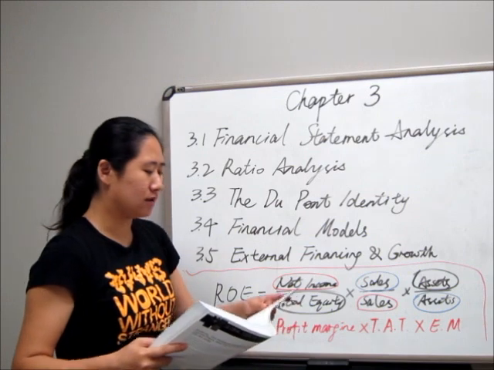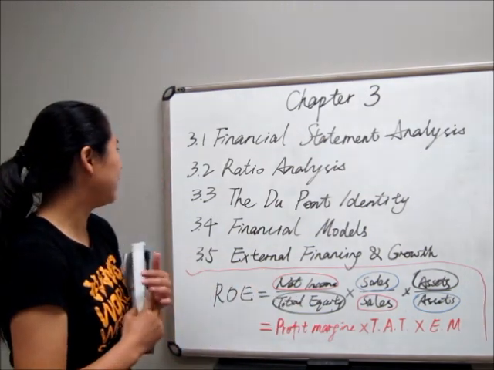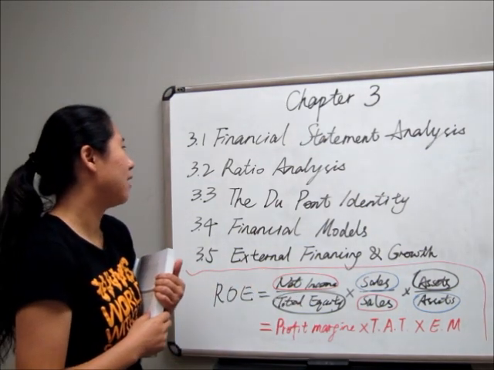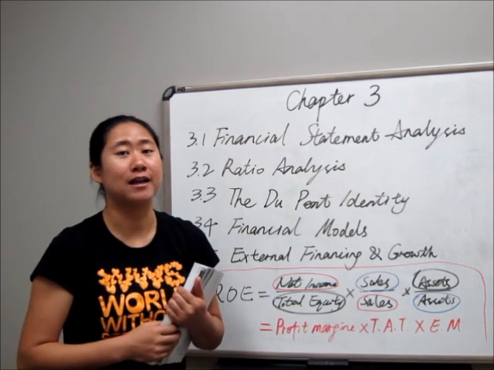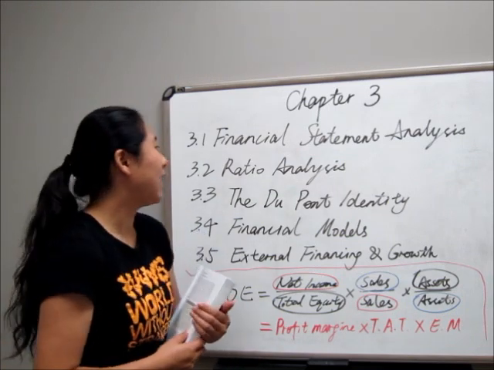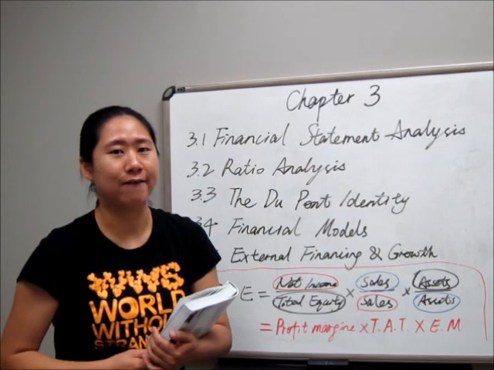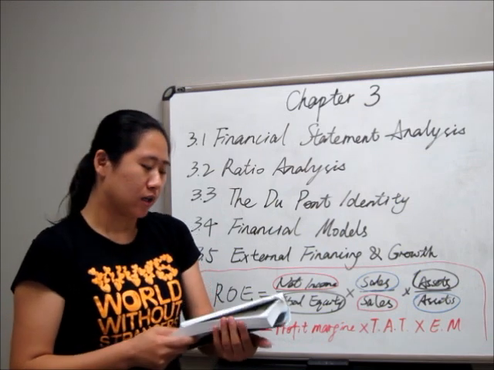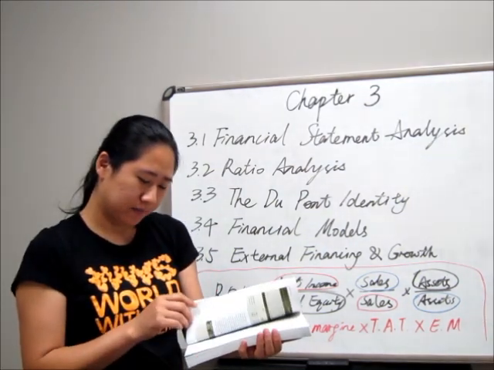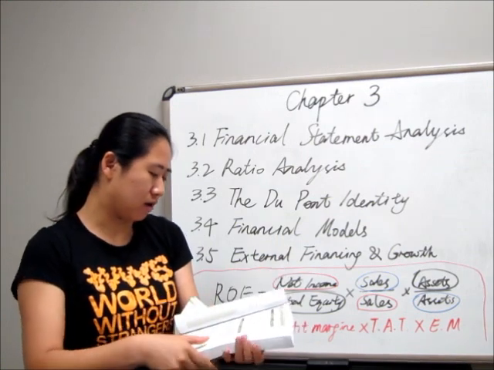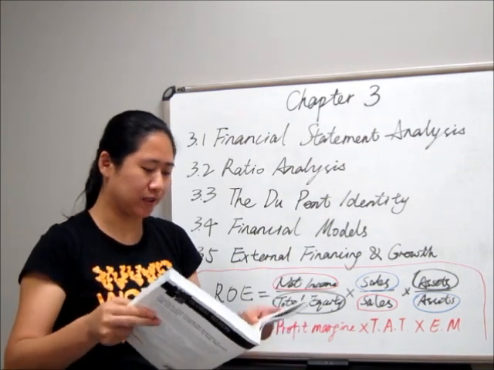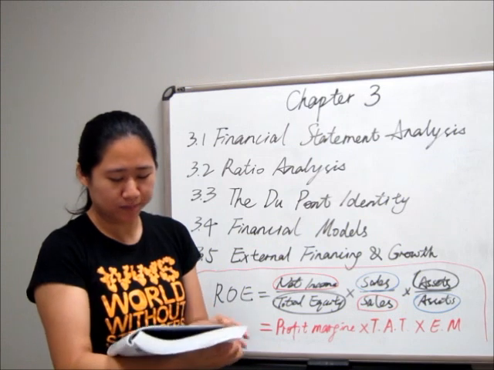Okay, next let's look at the second topic, ratio analysis. There are many financial ratios as we talked about at the beginning, and we can group them into 5 categories. The table on page 19 gives us a general picture about these 5 groups and the financial ratios in each group.